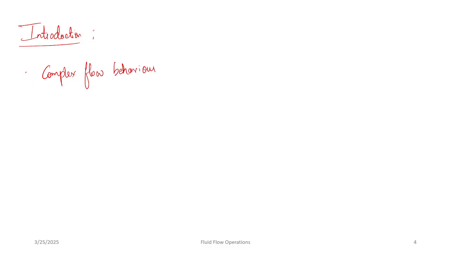The first thing that we'll encounter in modern engineering is complex flow behavior, and this cannot be solved using the conventional methods, that is, pure theoretical investigation. So we will not be getting any solution for this.